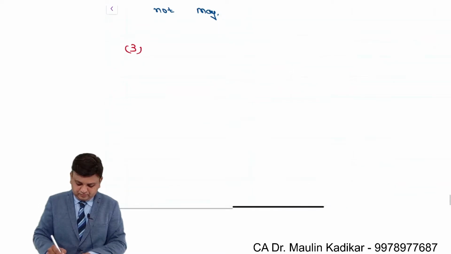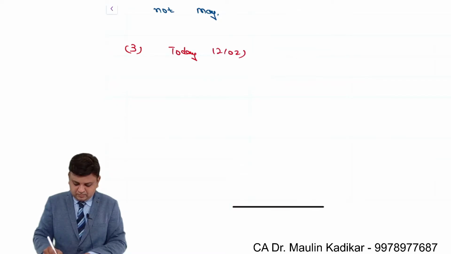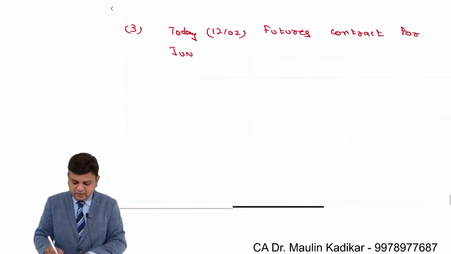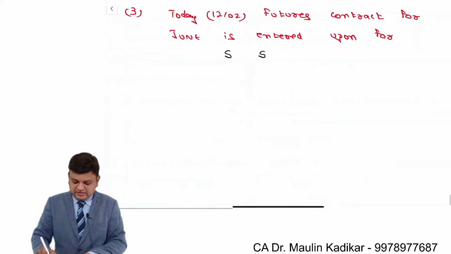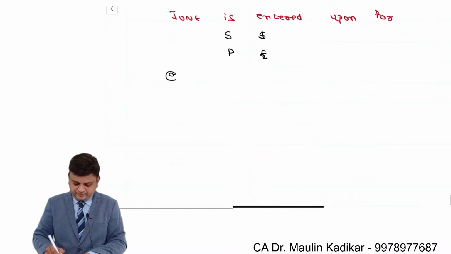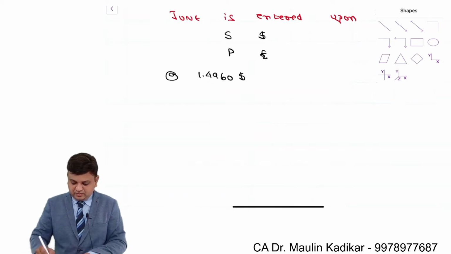Third, today the futures contract for June is entered upon for sell of dollar and purchase of pound at the rate of 1.4960 dollar per pound.